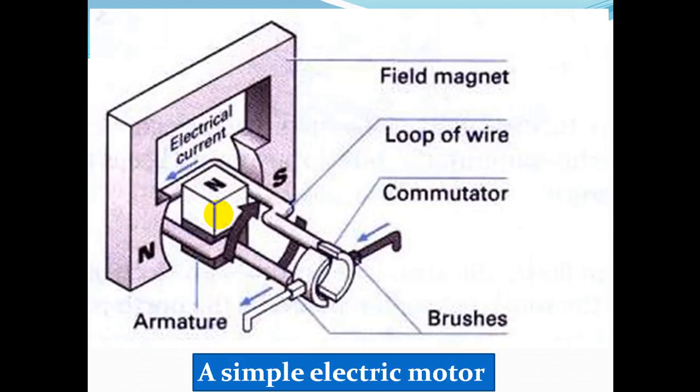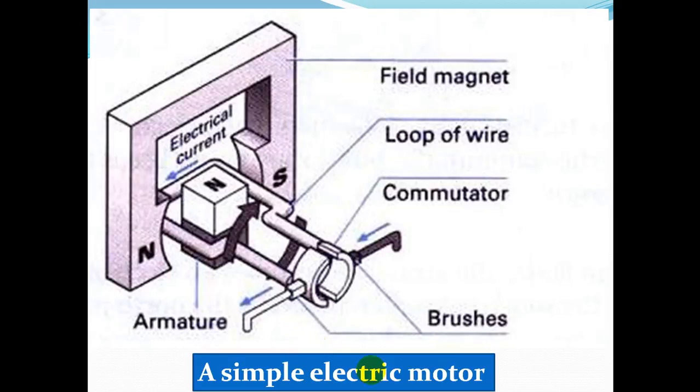To reverse the direction of the current, the ends of the armature wire are connected to different halves of the split ring commutator. Current flows to and from the commutator through brushes here, and you can see that the commutator is divided into two split rings.